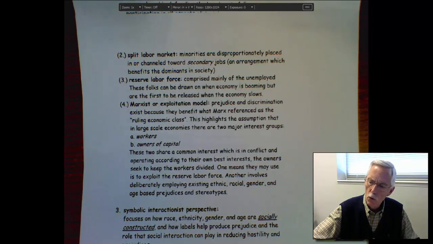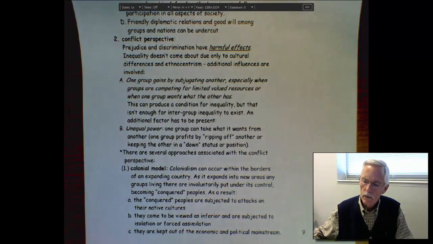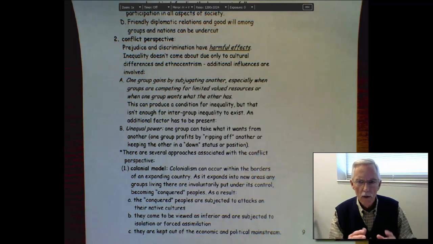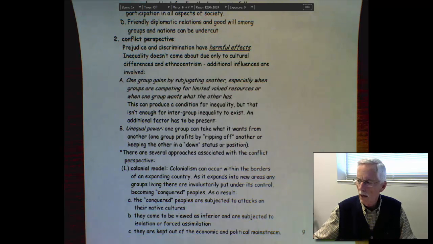Now, if you go back to the 9th page of the study guide, another conflict-oriented model has several different titles. The colonial model is sometimes also called internal colonialism.